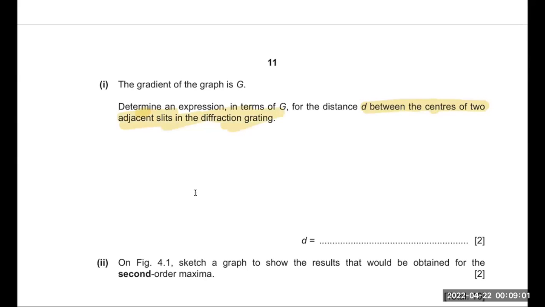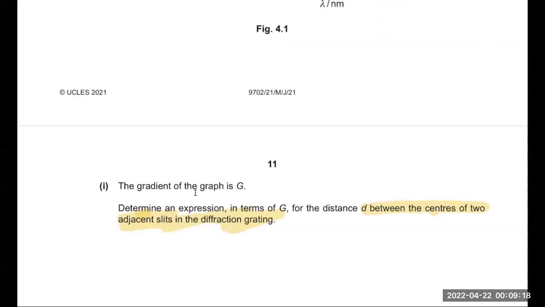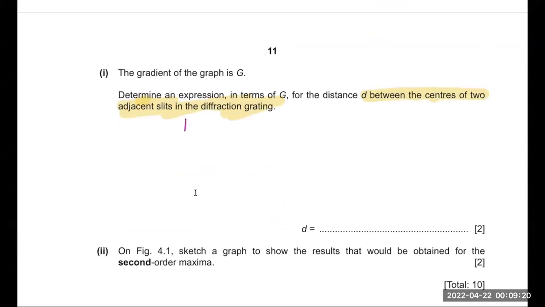For questions like this, the first thing you need to do is get an equation and linearize it so that you get sine theta as y and lambda as x. Because it's a diffraction grating, the formula is d sine theta equals n lambda.